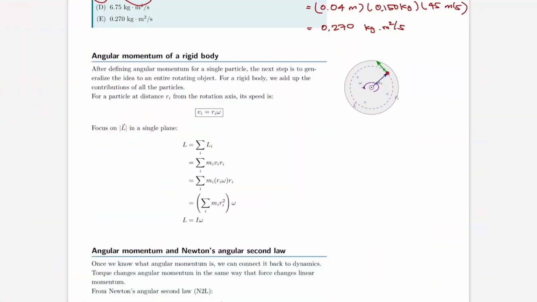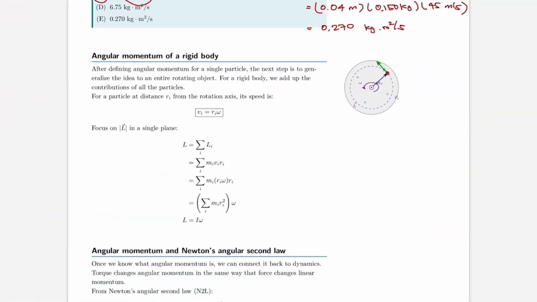And then after that we will do Kepler's second law, and then we will finish with gyroscopic precession.